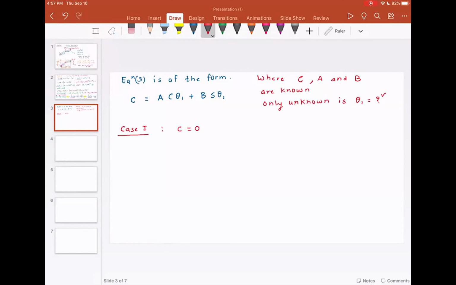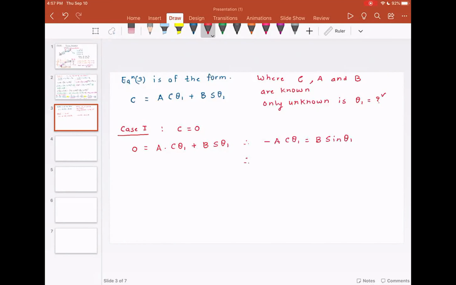Then you end up with 0 is equal to a cosine theta 1 plus b sine theta 1. This expression can be written as minus a cosine theta 1 is equal to b sine theta 1.